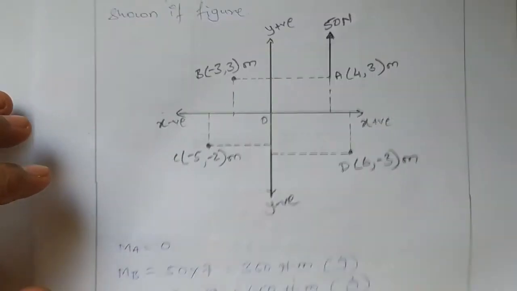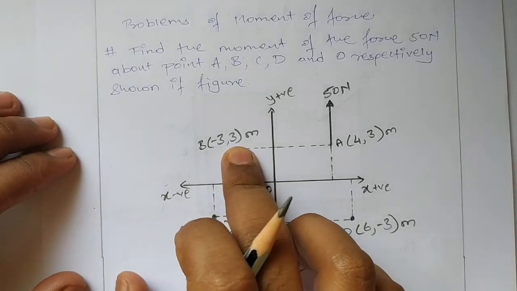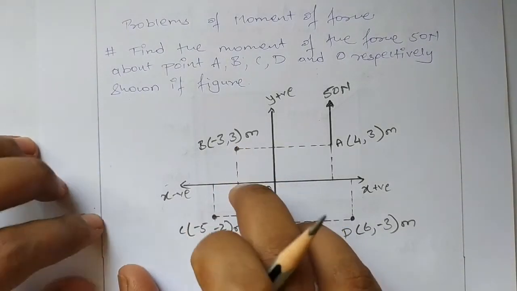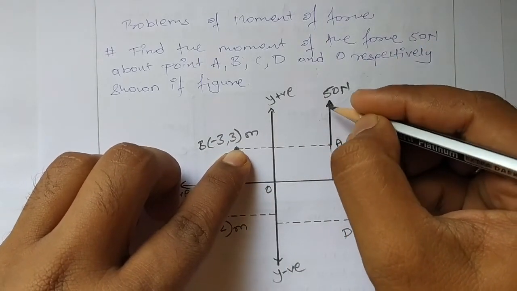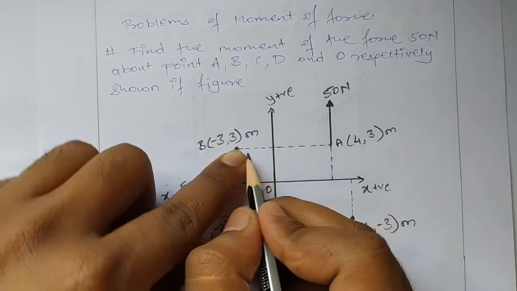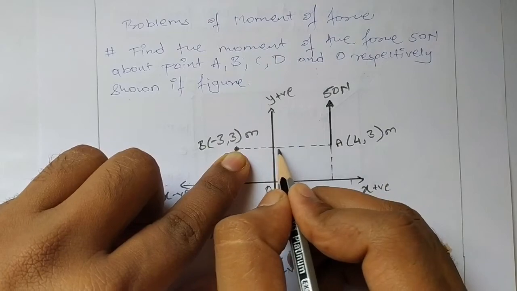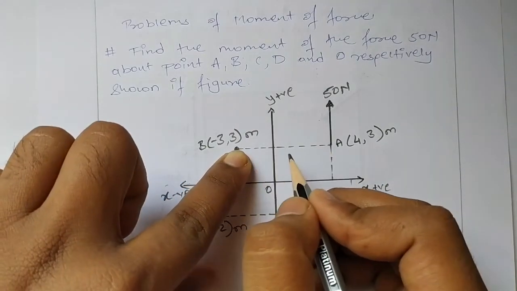Then next, from point B, we will try to understand. This is the force 50 Newton, pointed upwards. The perpendicular distance here is, x is 4 plus 3, so the perpendicular distance is 7 meters.